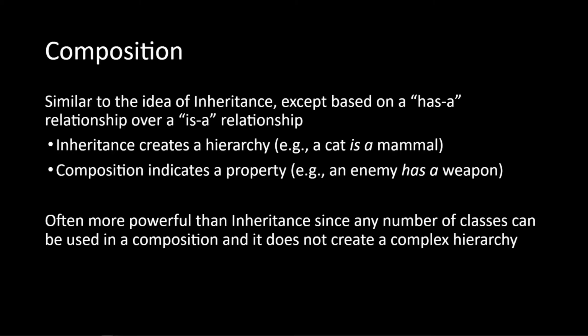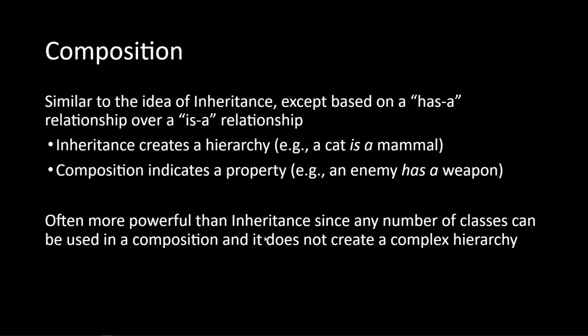But composition indicates that something has a property. An enemy has a weapon, right? The hero has a weapon. The enemy has a weapon. Any object in the game might have that component, but they might not be derived from a similar class, right? So that's the other sort of object-oriented technique that we use.